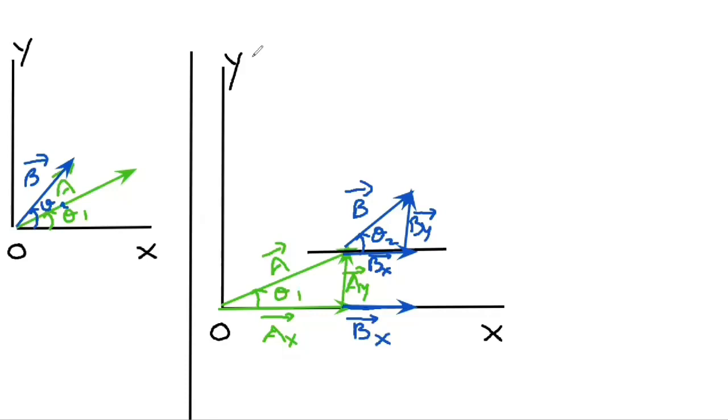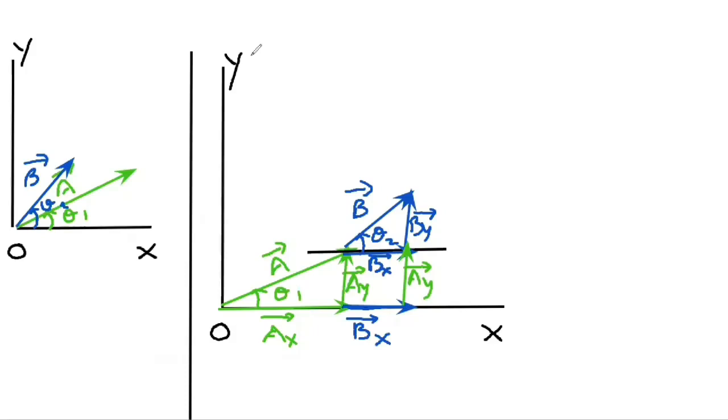I have brought vector AX and vector BX in the same direction on the same line. Similarly, I will draw a vector of same magnitude and same direction as that of vector AY. So this vector is also vector AY. Again, I have brought AY and BY on the same line.